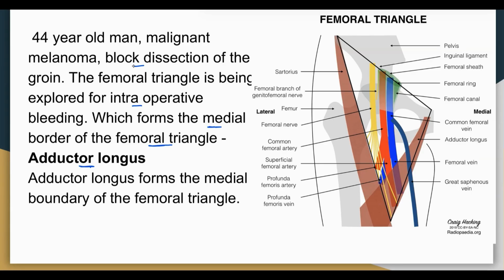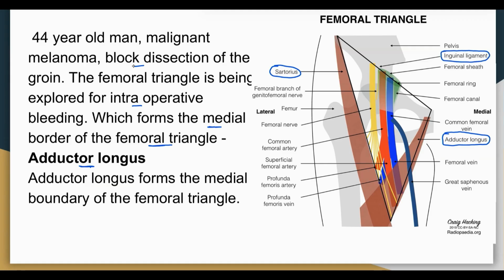So let us revise the femoral triangle. It is bounded medially by this muscle, the adductor longus muscle, and the lateral boundary is formed by the sartorius muscle, and the superior boundary is formed by the inguinal ligament.